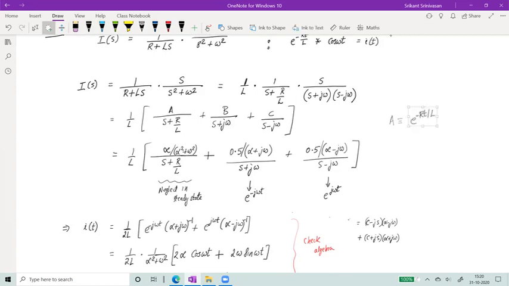So this term vanishes. This is a transient term, and what we are interested in is steady state. For the sake of steady state, we are only interested in B and C.